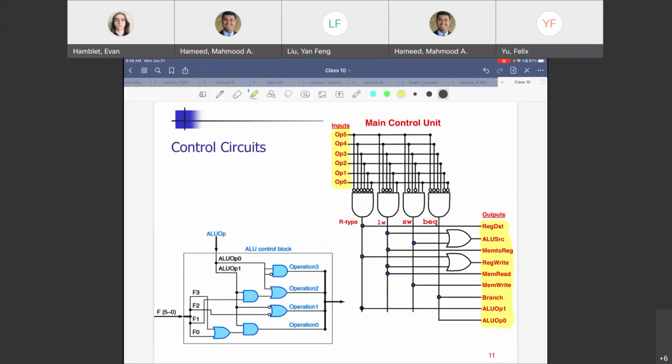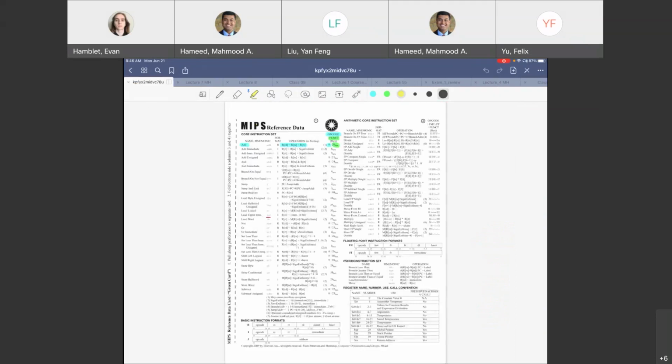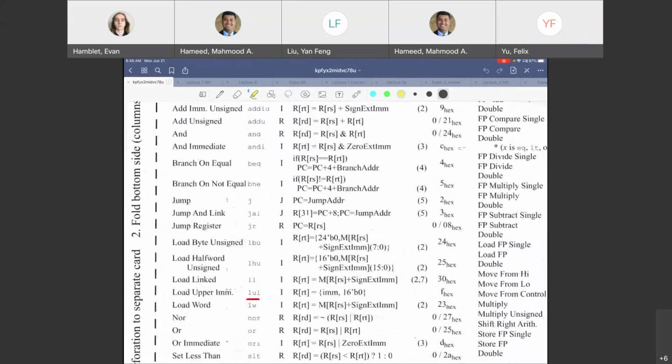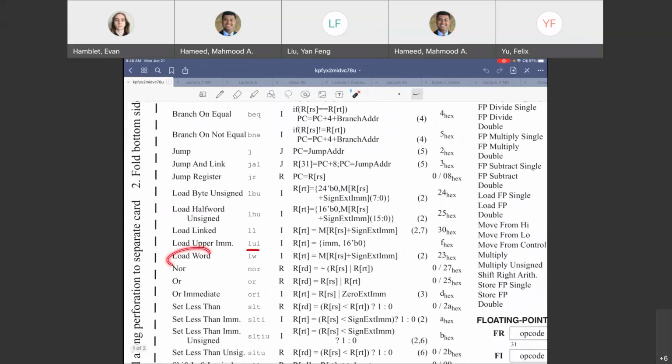So let me look at my MIPS reference sheet here and look at, say, a load word instruction. So a load word instruction, LW, has an opcode field of 23 in hex, right? Load word has 23 in hex as the opcode field.